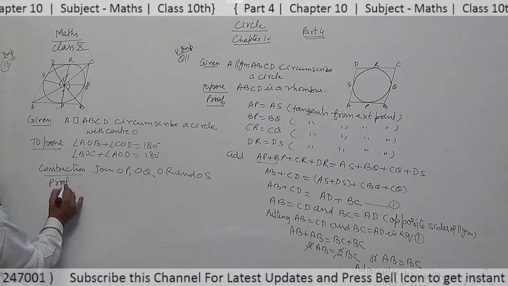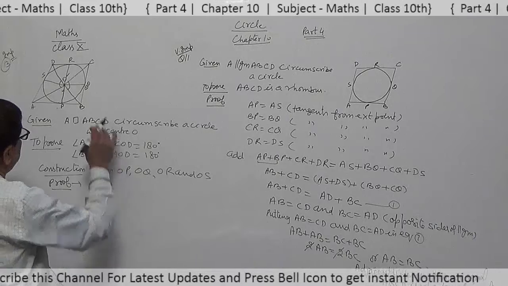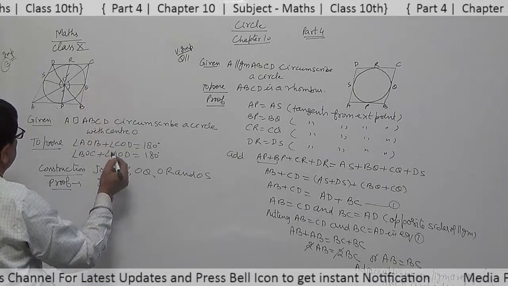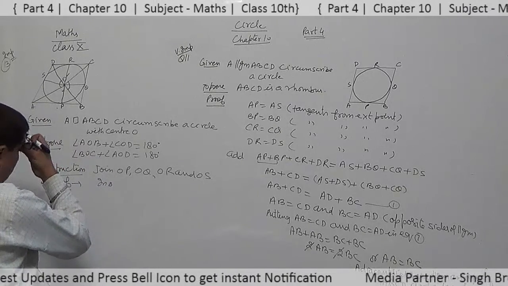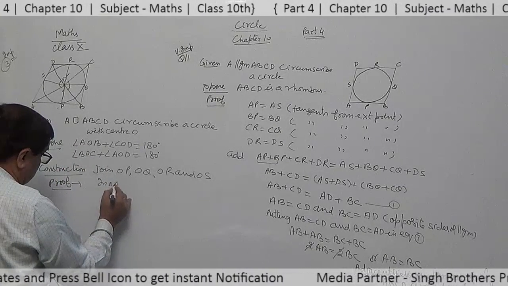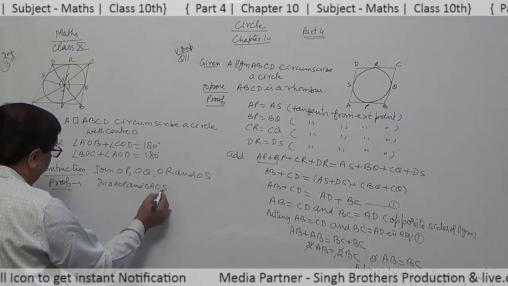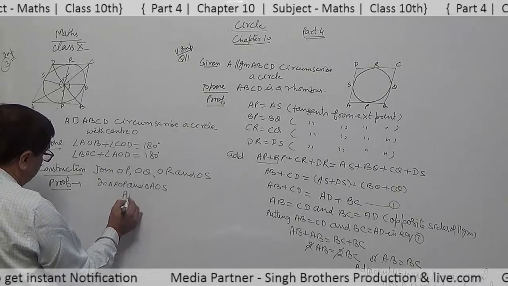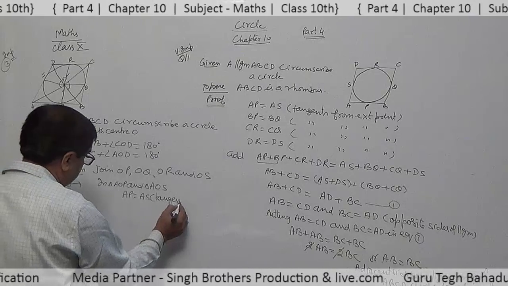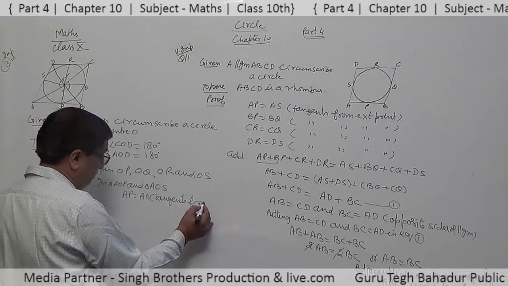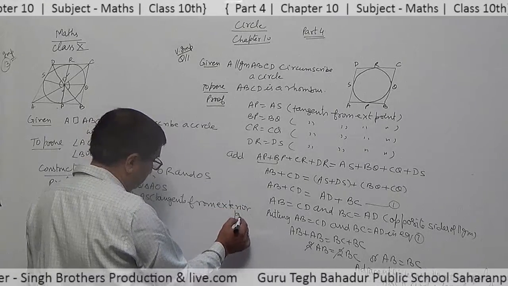Proof: in triangles AOP and AOS, AP is equal to AS, tangents from exterior point.